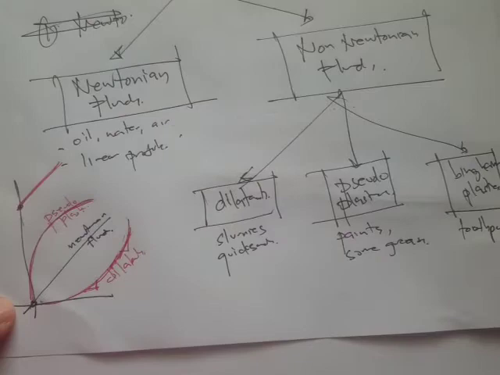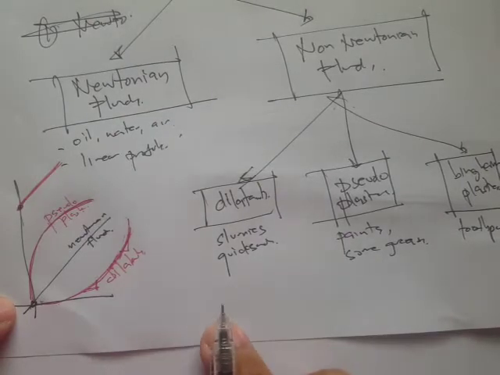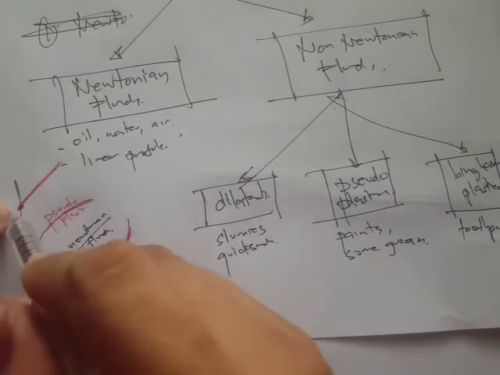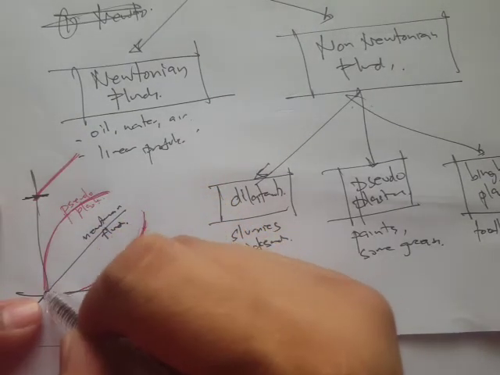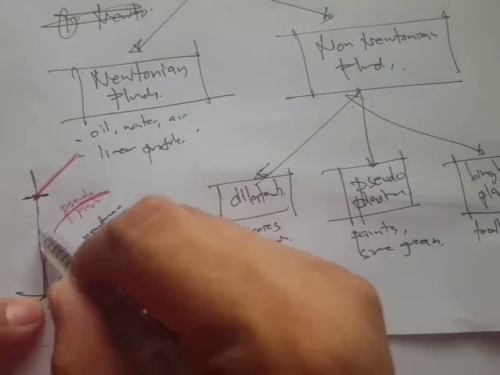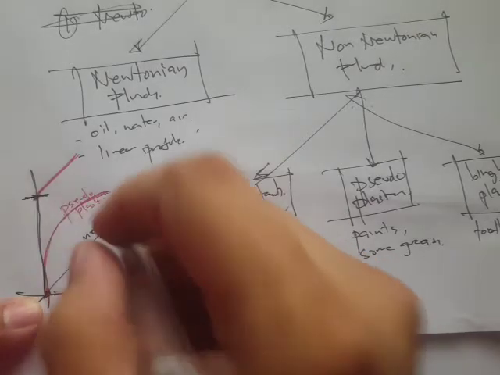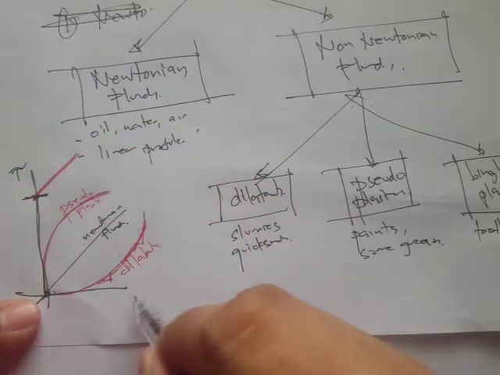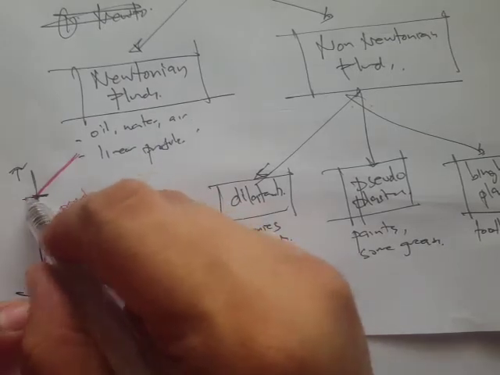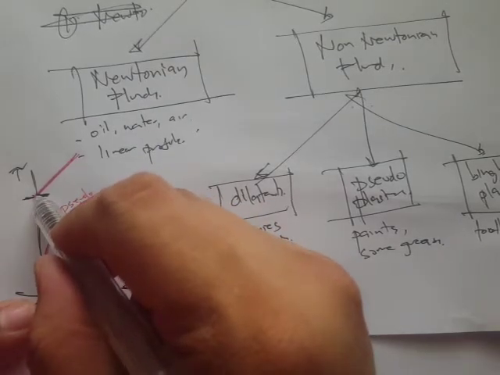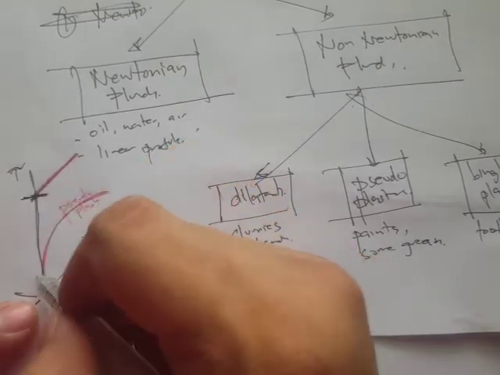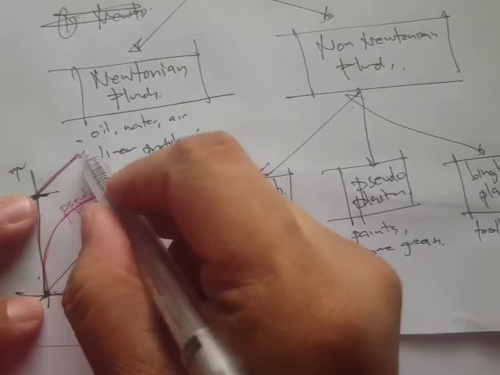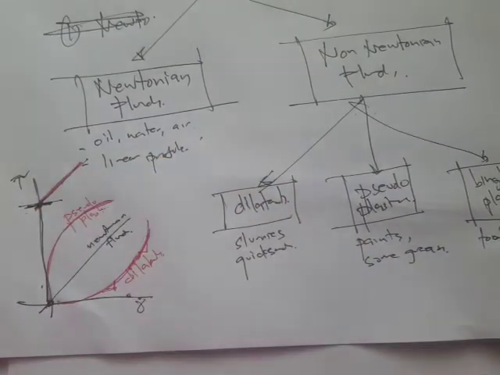So at first it doesn't flow. If you apply a force that's below this threshold, then it will not flow. But as you increase the force, at some threshold you would cause this fluid to start to flow. Once it reaches this, it will flow in a linear fashion, right?